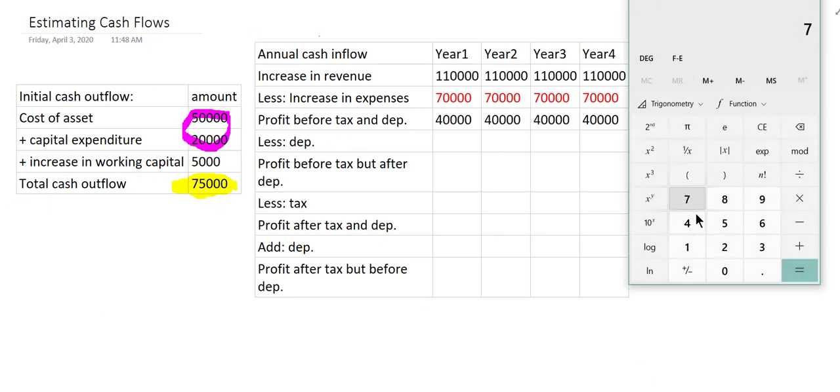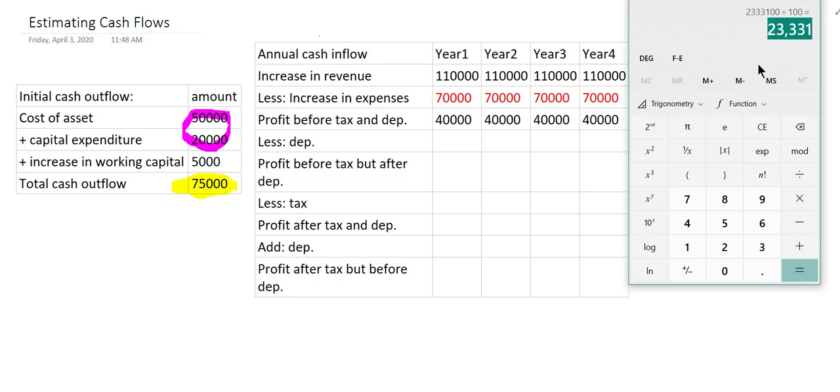Now mention 70,000 into the rate of the table. How much was the rate in the table? I remember it was 33.33 percent. Multiply by 33.33 and divide by 100, because that was a percentage, right? So now you can find the amount of depreciation. How much is depreciation for the first year? You can record it here.